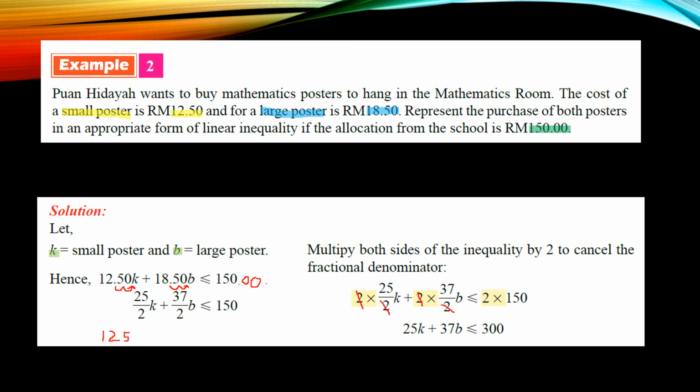So you will get 1,250K plus 1,850B less than or equal to 15,000.